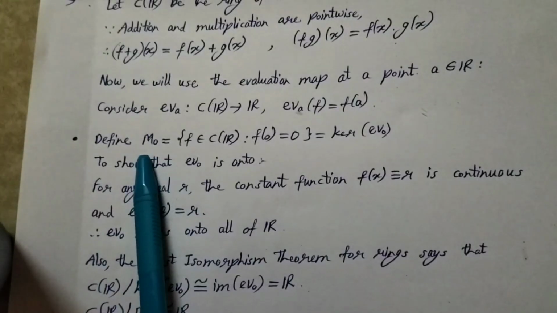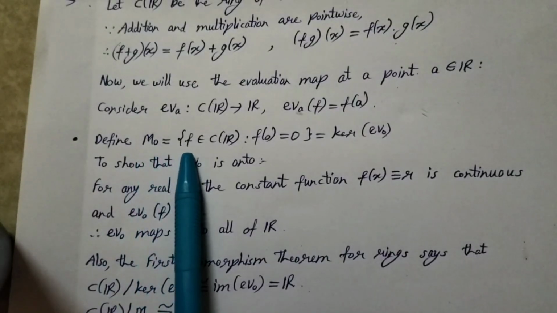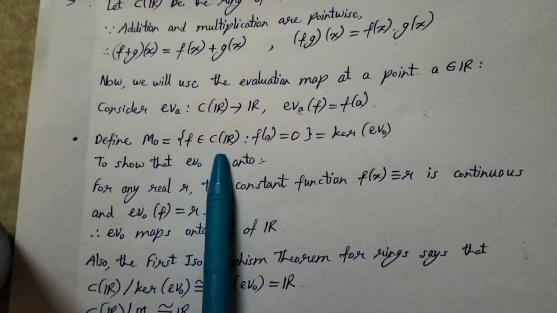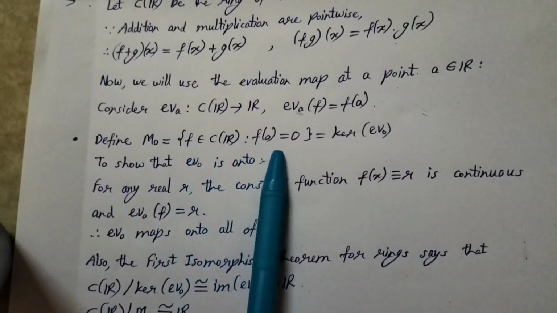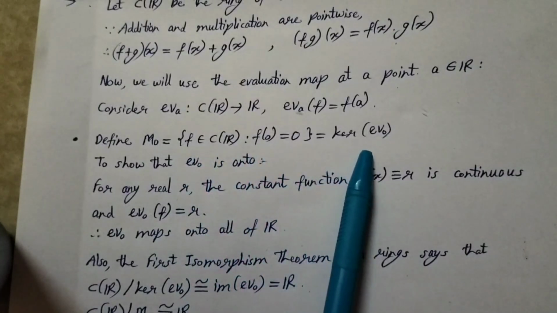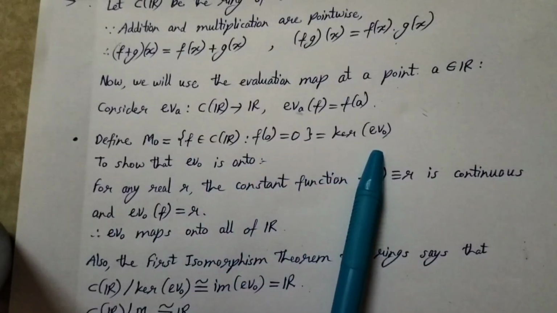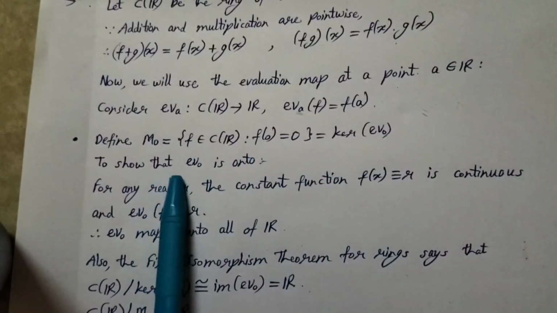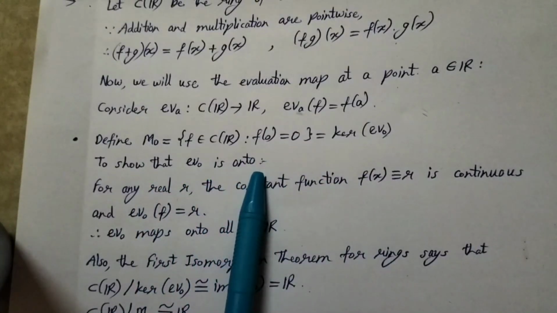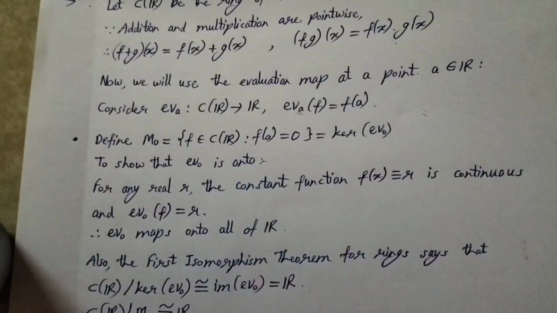So let's look at the set M naught, which is equal to {f belonging to C of R such that f of 0 equal to 0}, which is equal to the kernel of ev0. Now we have to show that ev0 is onto. It is clearly a ring homomorphism, that is, it respects addition and multiplication because evaluating at 0 distributes over both.